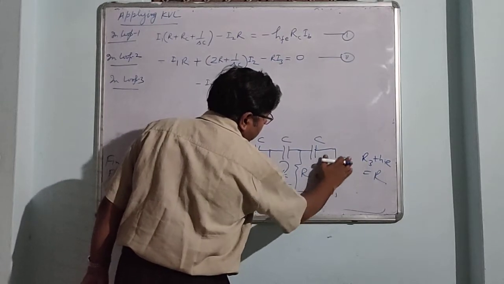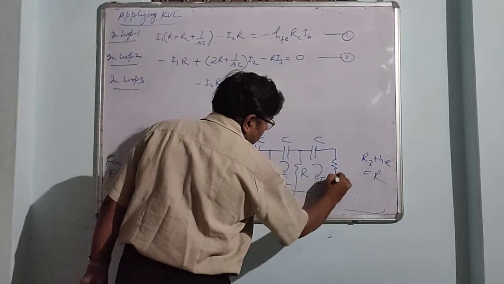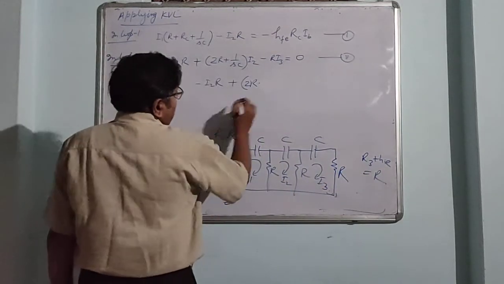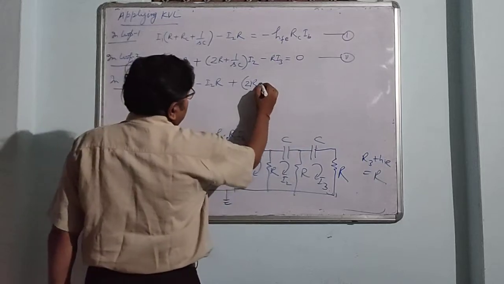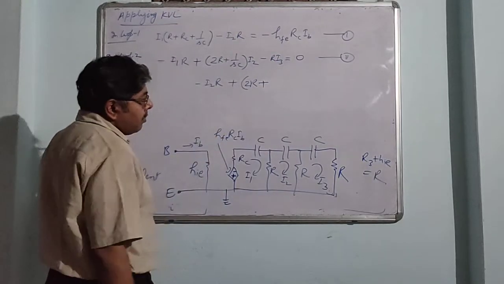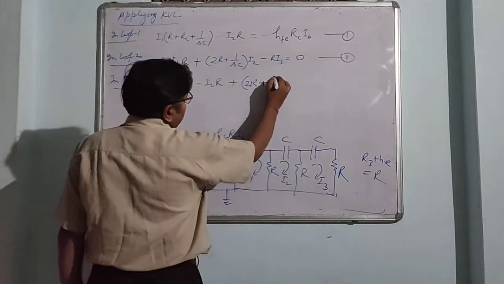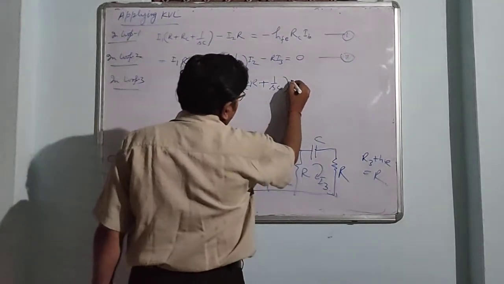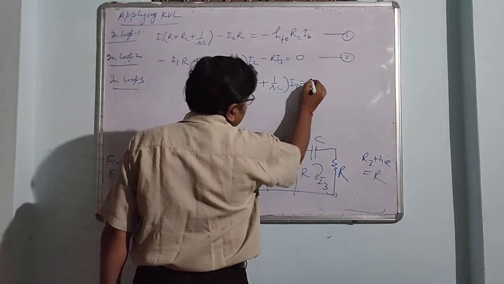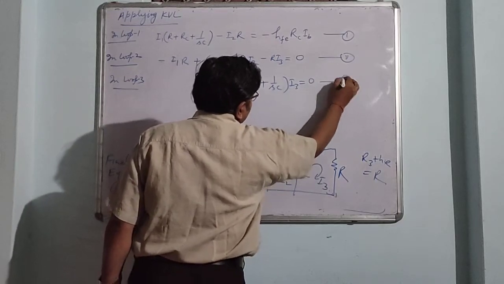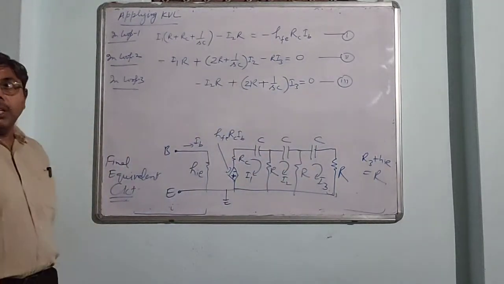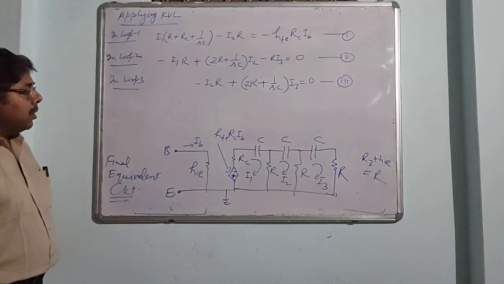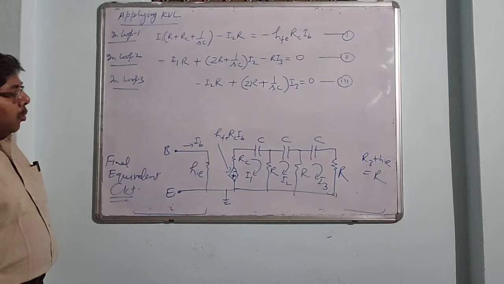Combination of R3 and HI is simply R. So you can write here R. So this is 2R plus 1 upon S into I3, and this is also 0. So these are the 3 loop equations for these 3 loops.